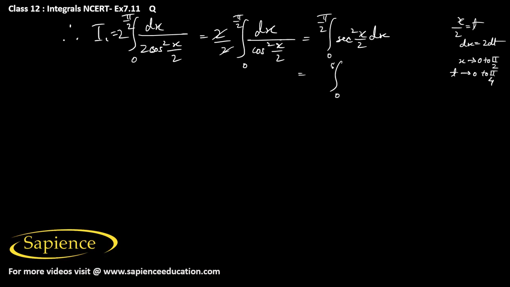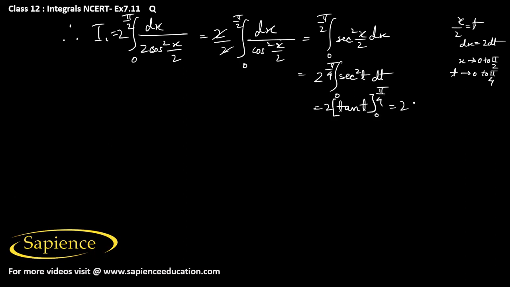So it will be the integral from 0 to pi by 4 of sec square t, and dx is 2 dt, so that 2 I can take outside. So this will be 2 tan t, going from 0 to pi by 4.